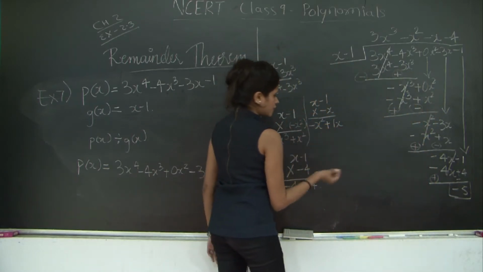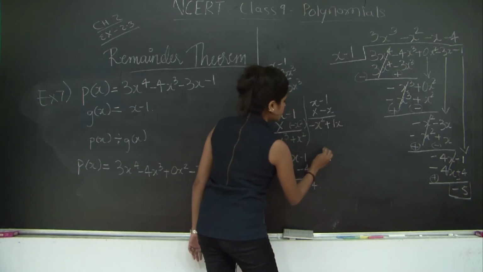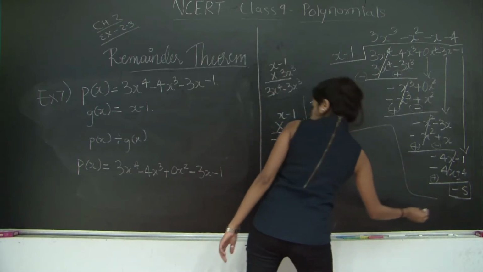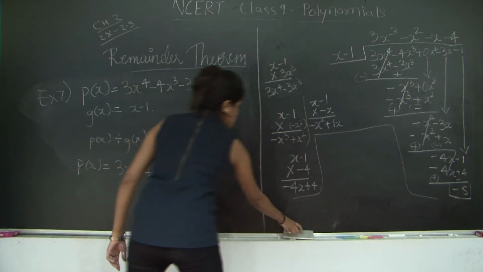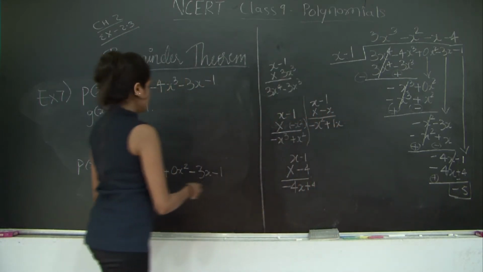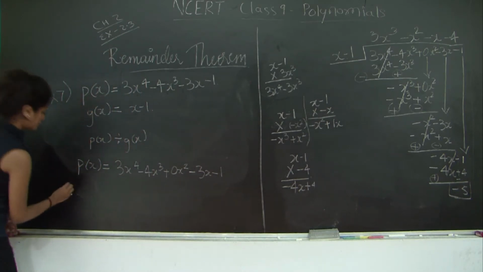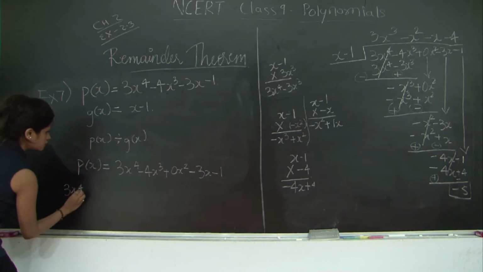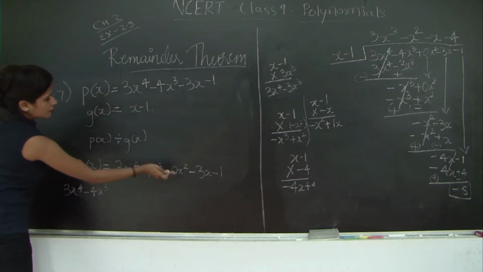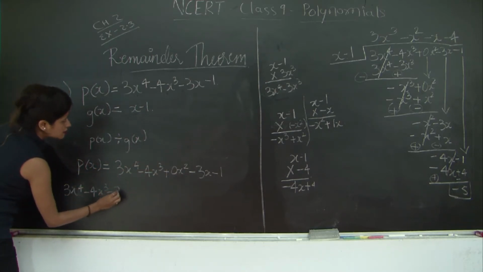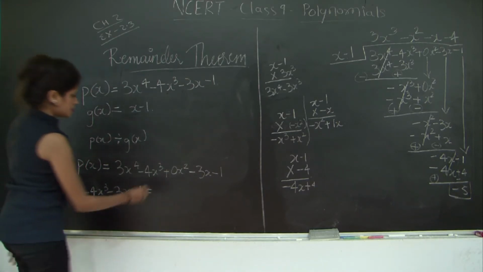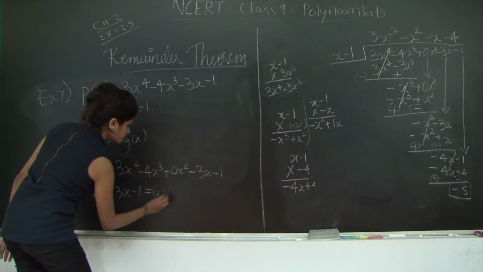Writing this in the form of dividend is equal to divisor into quotient plus remainder, we get, yes, we do have space over here. So I need not make this messy. So my dividend was 3x^4 minus 4x^3. You need not write this now, this is only for the purpose of division. I will write the sum as it is, minus 3x minus 1. So dividend is equal to divisor. My divisor is x minus 1 into quotient.